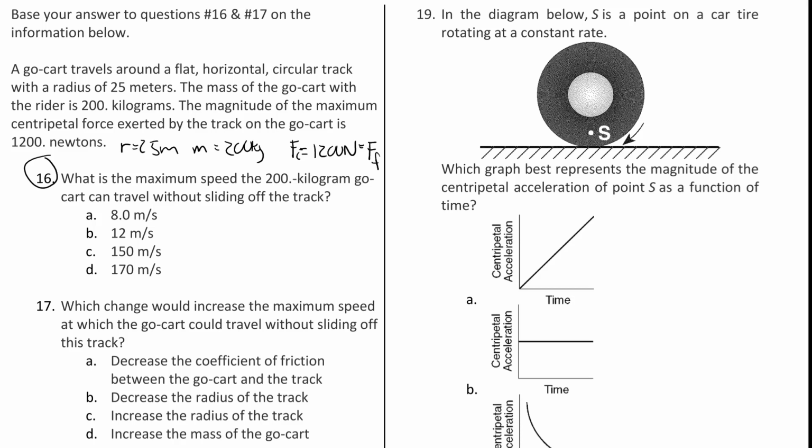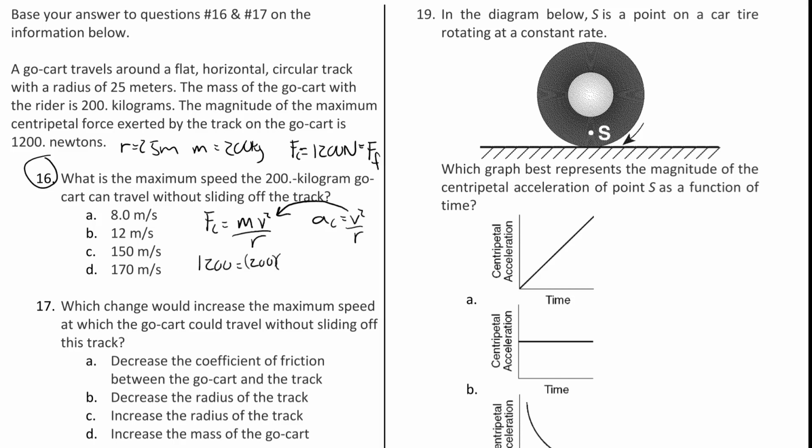So we're looking for speed, velocity. I would get used to using this equation. Fc is equal to mv squared over r. It's basically plugged in right over here, so it's one step. So we know this can't exceed 1,200. The mass is 200.